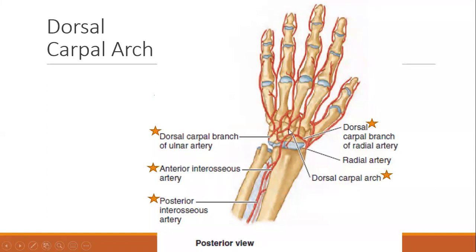So this is on the dorsal side of the hand, giving blood supply to the dorsal side of your carpal bones. And still your radial artery and your ulnar artery are giving branches here too. But since Dr. Austin didn't mention them, I'm not going to belabor the point, but I just wanted y'all to see that the anterior and posterior interosseous arteries didn't just disappear.